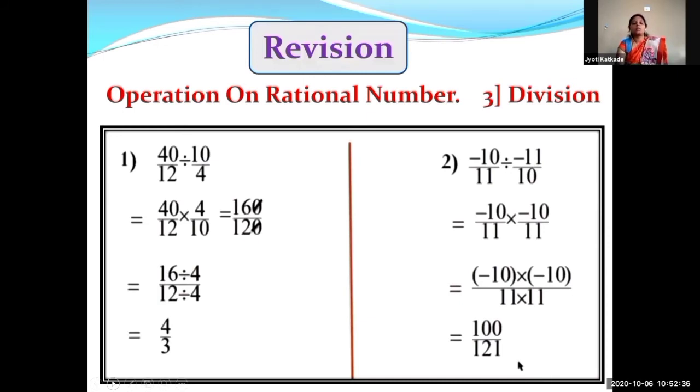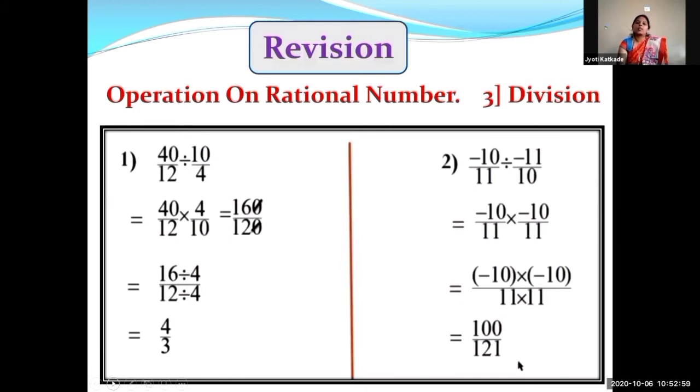Now you can divide at this stage also, that is 4 1s are 4, 4 3s are 12, or first do the multiplication. 40 into 4 we get 160, and 12 into 10 we get 120. Now the 0s get cut.